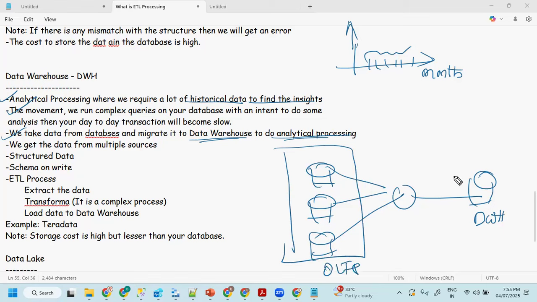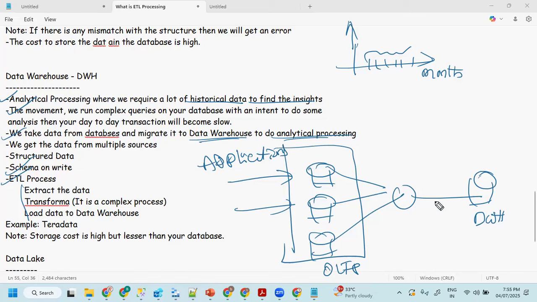Here also we are going to have structured data, and data is coming from multiple systems, not a single system. So schema on write is the same, and we apply ETL processing to load the data into this system. And to bring the data here, you will have business applications.